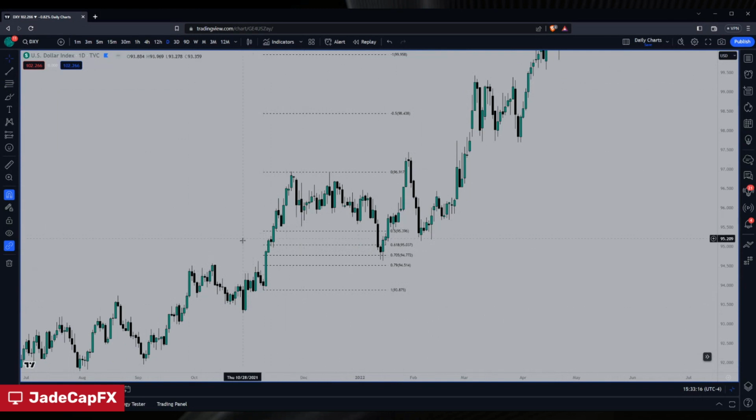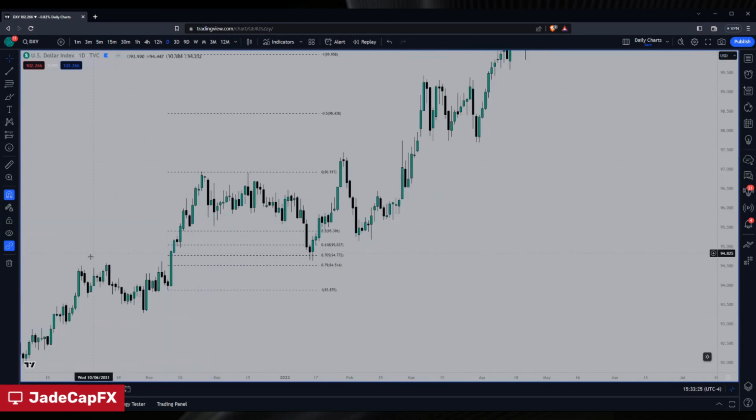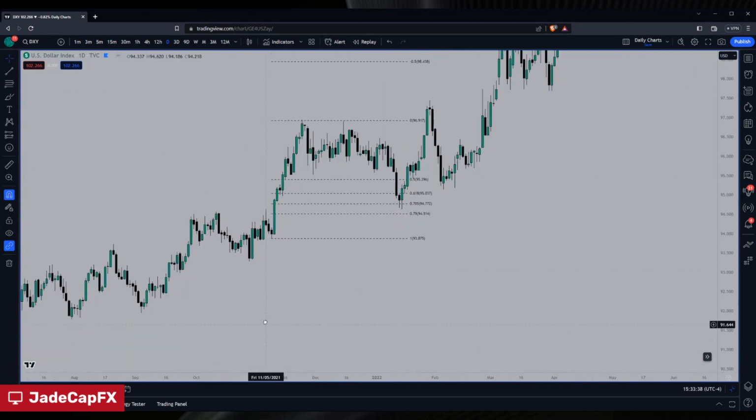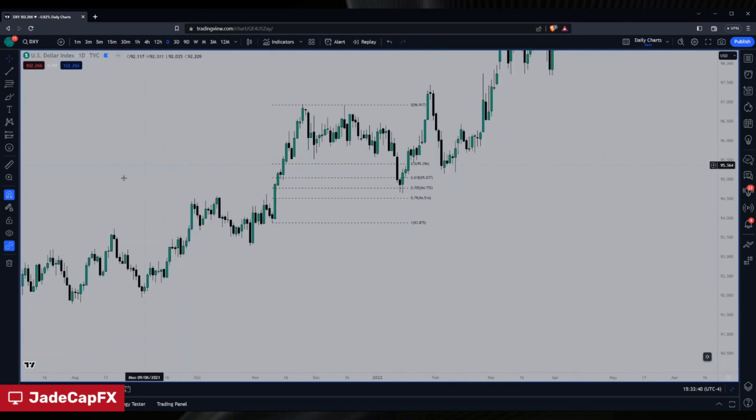If the big players can only fill their positions at certain prices before the markets displace, they're going to leave these gaps in the market, these fair value gaps, at discount levels. That's something I studied for quite a while. When you see these impulse moves, many times right at OTE, they're going to leave a fair value gap.